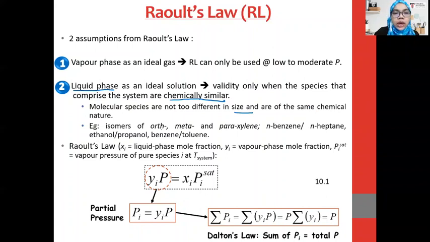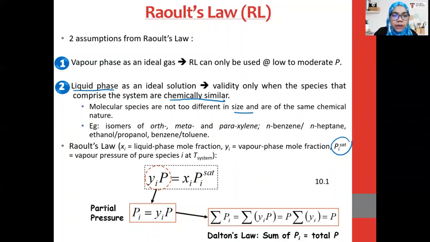Examples are the isomers meta- and para-xylene, benzene and n-heptane, ethanol and propanol, benzene and toluene, basically species having almost similar chemical nature. In Raoult's law, x is the mole fraction for the liquid phase and y for the vapor phase, and P1 saturation is the vapor pressure of the pure species at the given temperature.